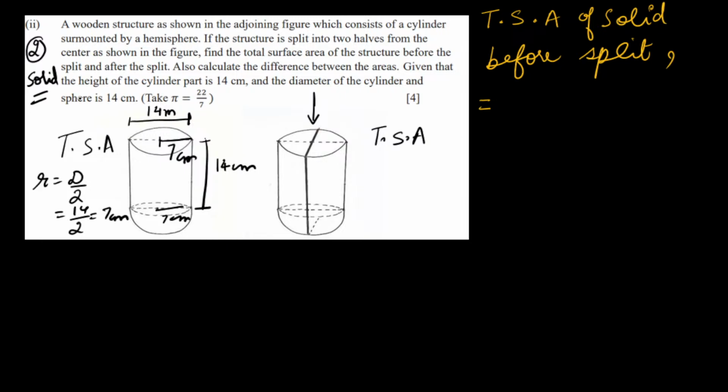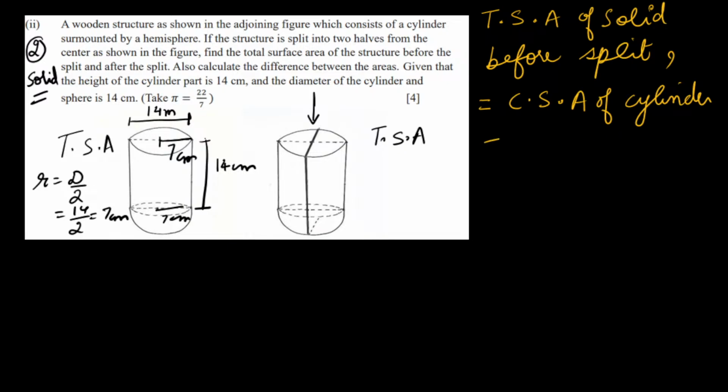So here, whichever surfaces are there, all those surfaces you just have to add. So which surfaces are there? First of all, the curved surface area of the cylinder. Total surface area means whichever surfaces you can see. So this is the curved part. So the curved surface area of the cylinder.